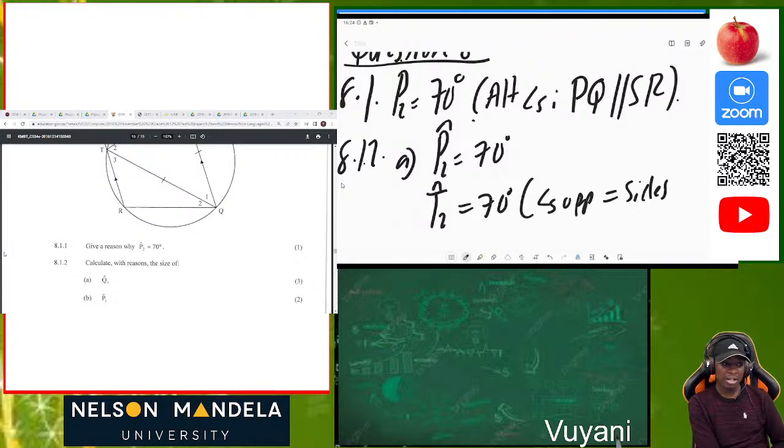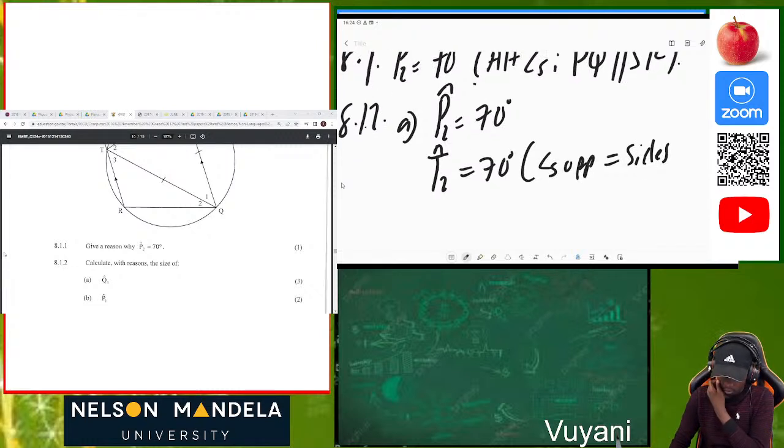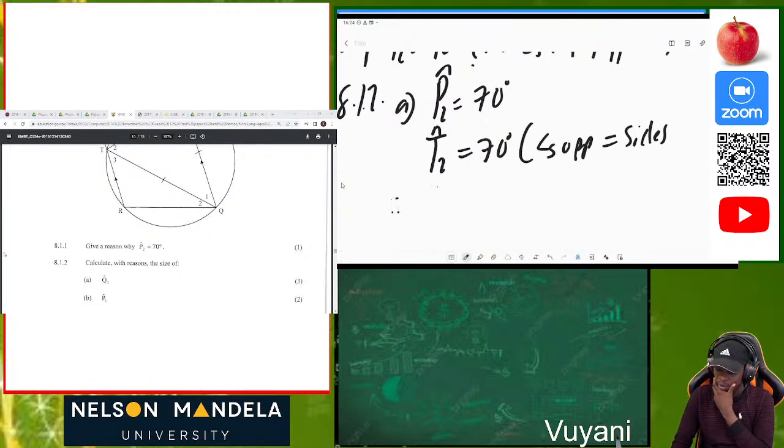Now we can actually calculate Q1 after we know that. So we can conclude that therefore angle Q1 is equal to... we know that P2 plus T2 plus Q1 is equal to 180 degrees.